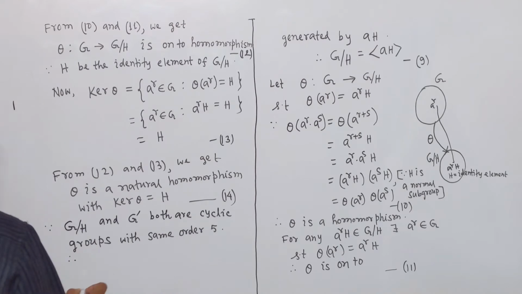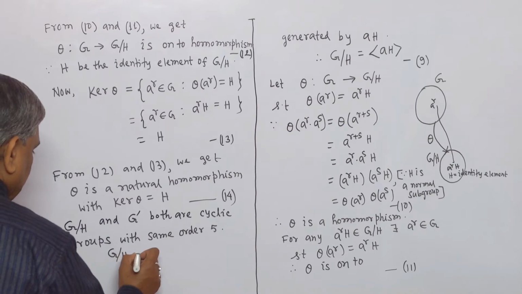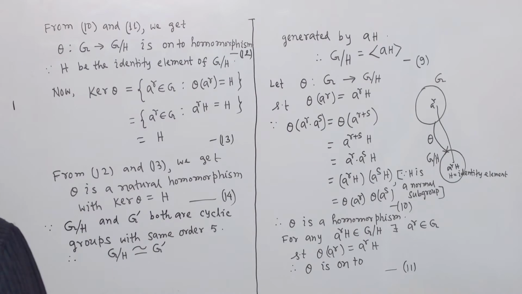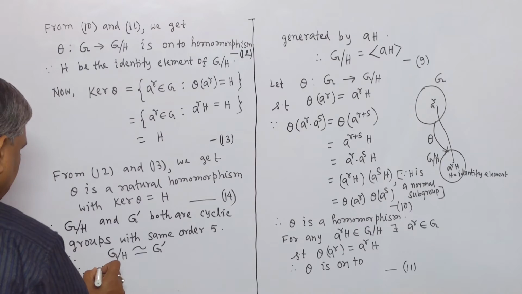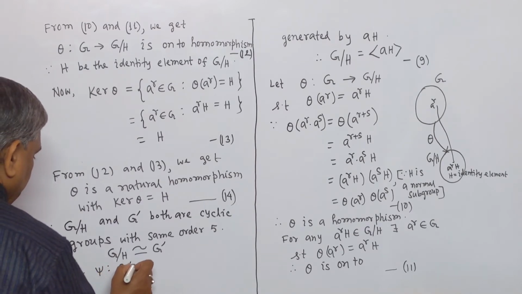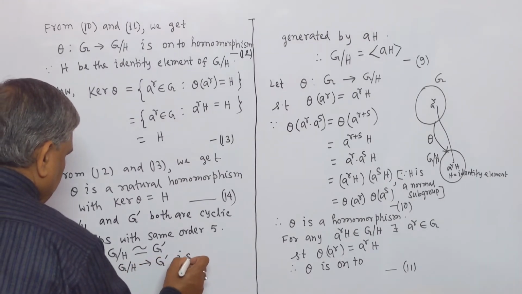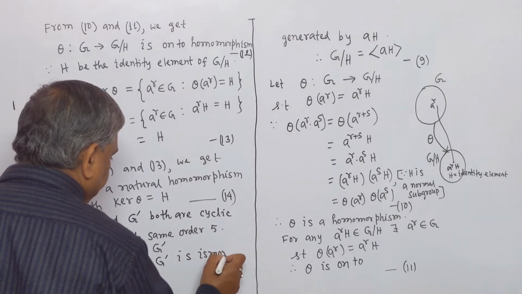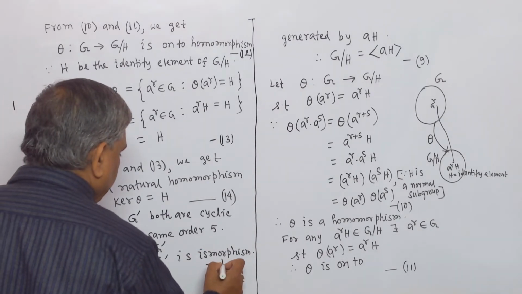Therefore, G by H quotient group is isomorphic to G prime. Therefore, psi is a mapping defined on G by H to G prime is isomorphism. This is number 15.